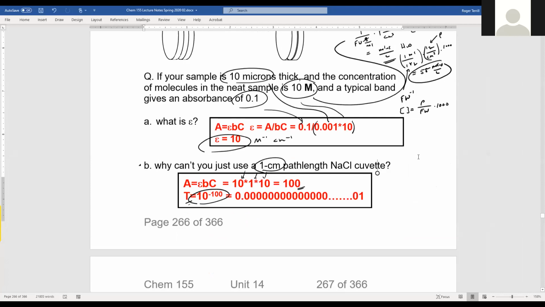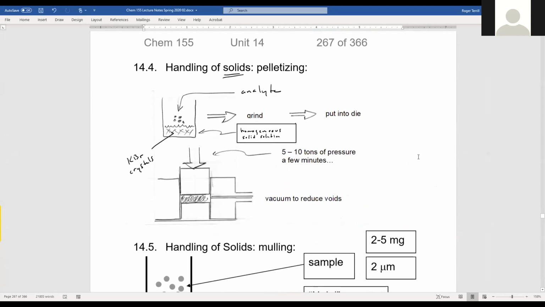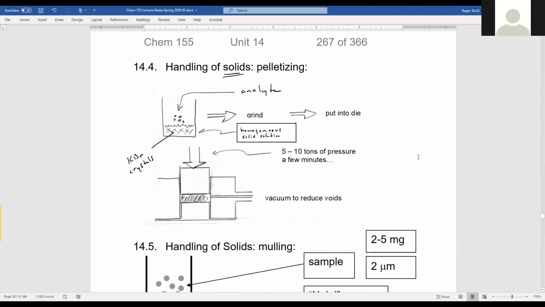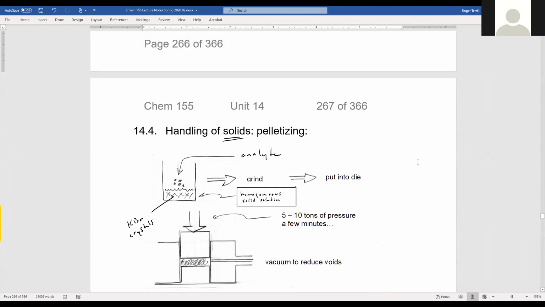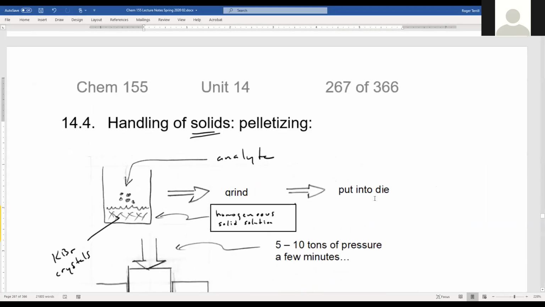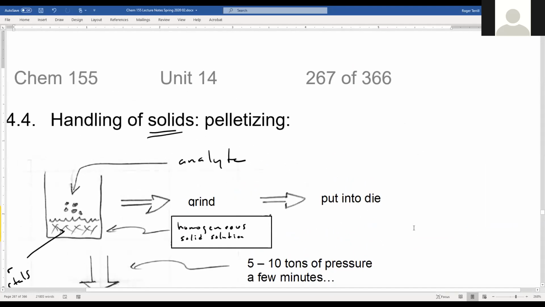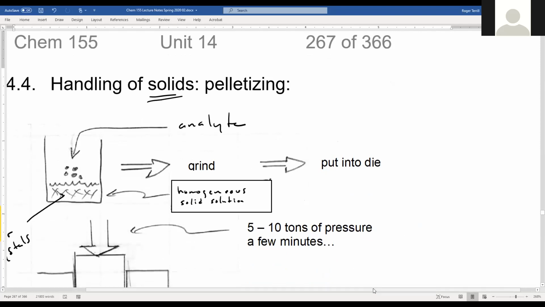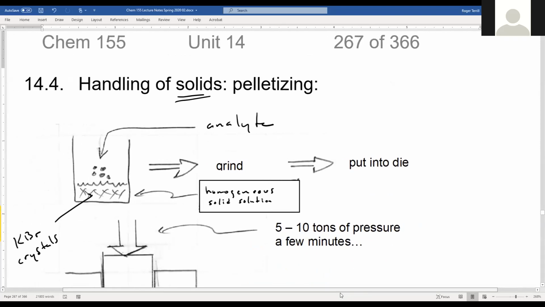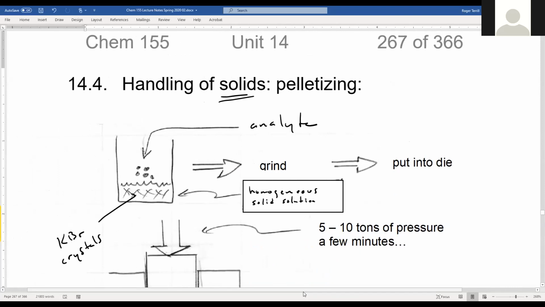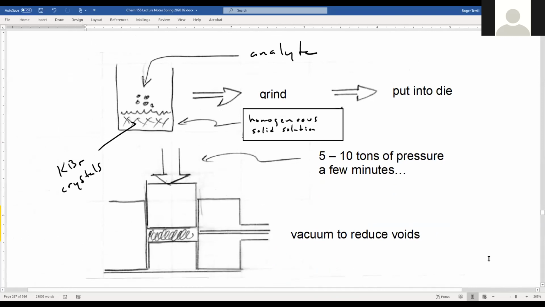So now let's see here. So yeah, so you can make a solid solution here, right? And then basically what you do is you take this solid solution, which is basically just ground up stuff together, and you use KBr because KBr undergoes cold flow.